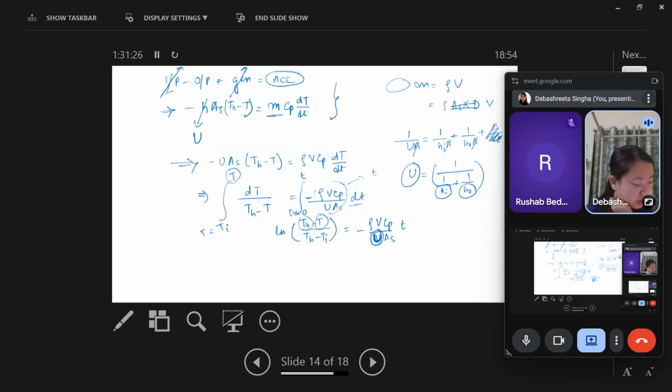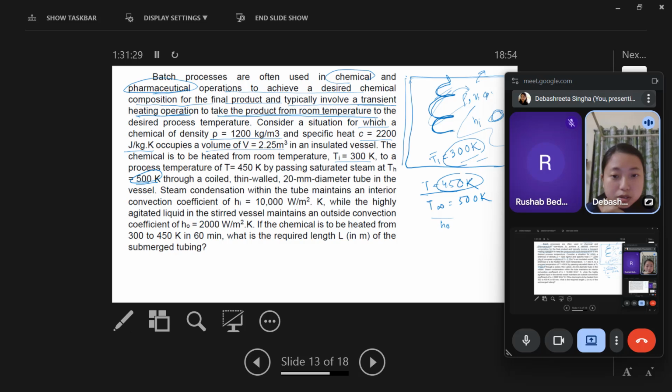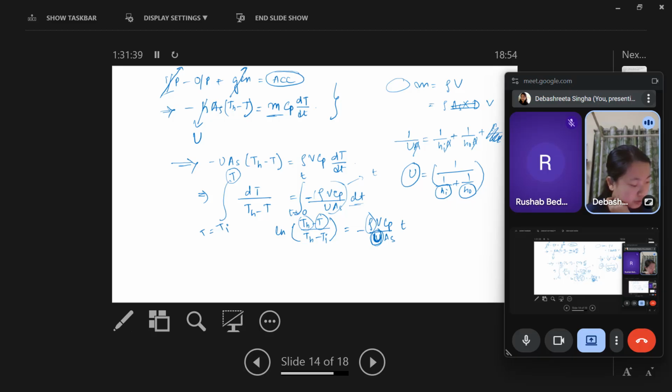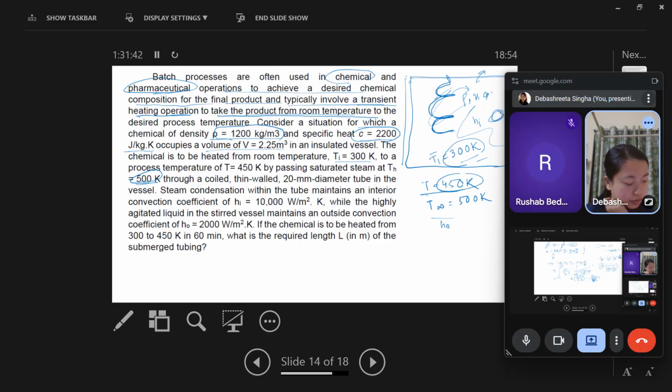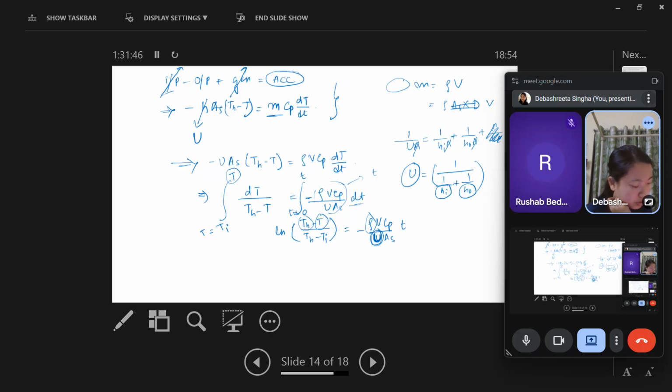Ti is 300. Rho is given as 1200 kg per meter cube. Cp is given as 2200. Volume is also given, 2.25 meter cube.